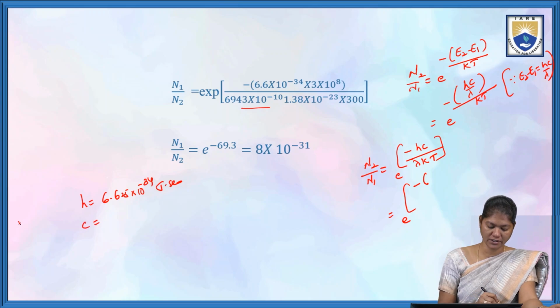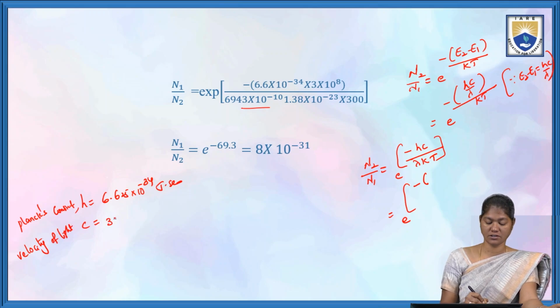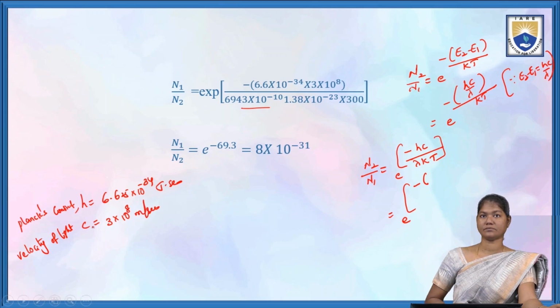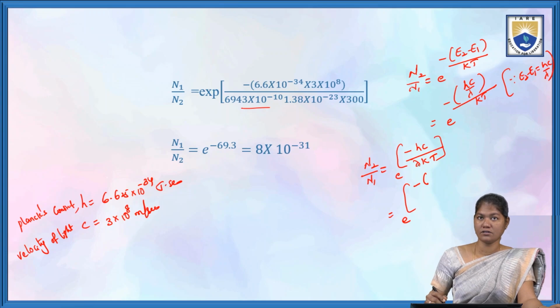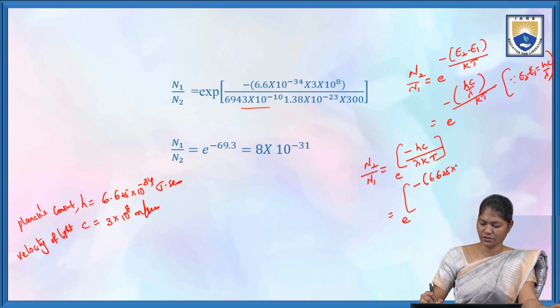And c is the velocity of light, 3 into 10 power 8 meters per second. So minus of 6.625 into 10 power minus 34 into 3 into 10 power 8 divided by lambda.